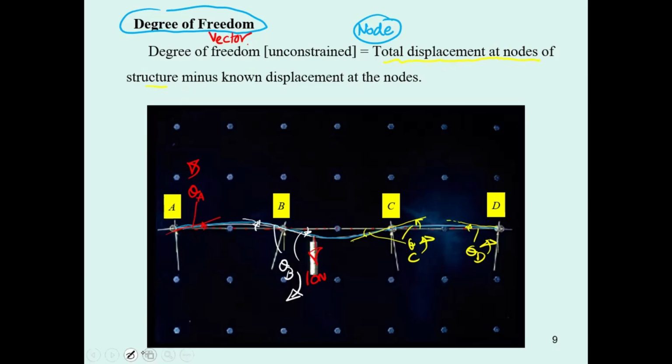The others, such as v_AY equal to 0, won't be degrees of freedom by this definition. The same thing for v_BY equal to 0, v_CY equal to 0, and v_DY equal to 0. They are not degrees of freedom in this consideration.